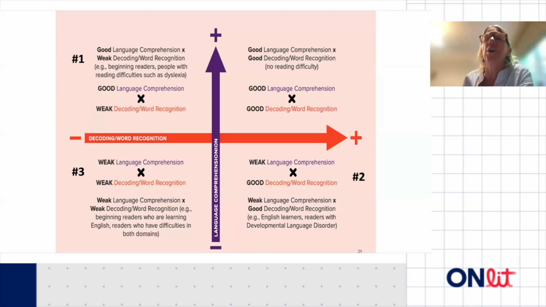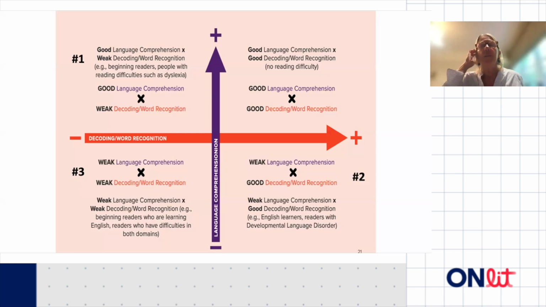They are good to go, right? It doesn't mean they're not going to need explicit instruction here and there. Of course, everybody benefits from that in some ways. Usually it's in spelling, right? A lot of kids who are great readers don't know how to spell unless they've been given explicit instruction in spelling.